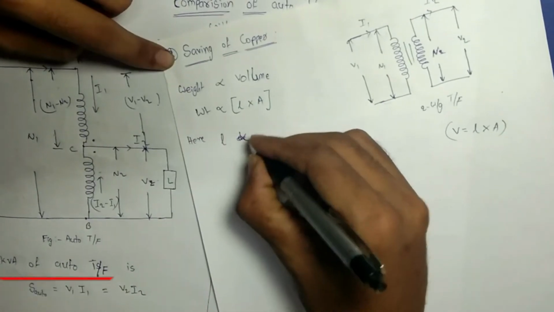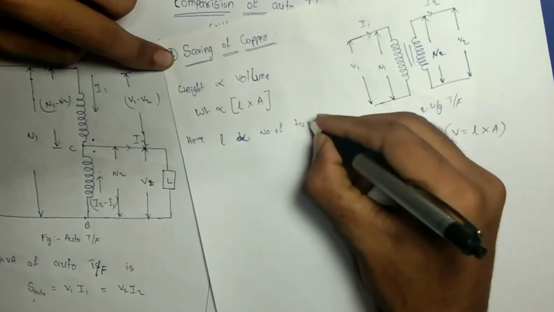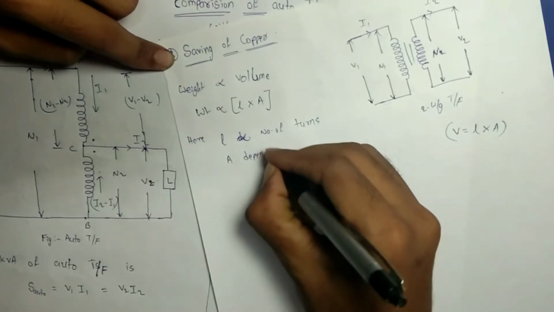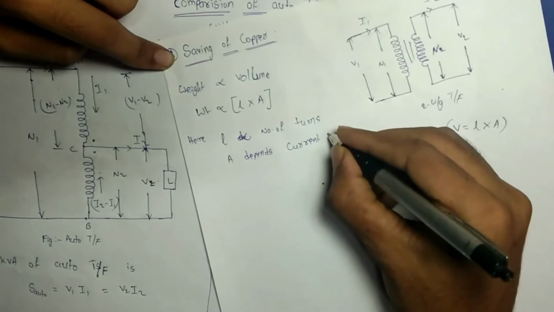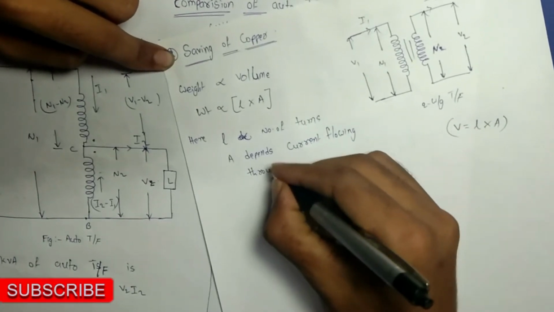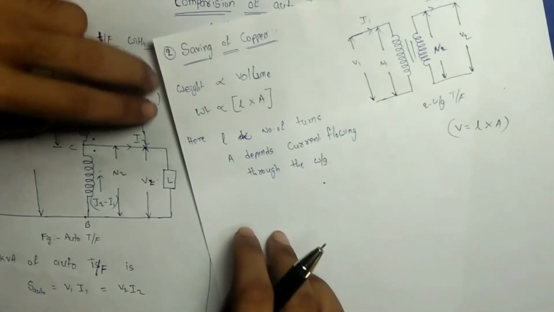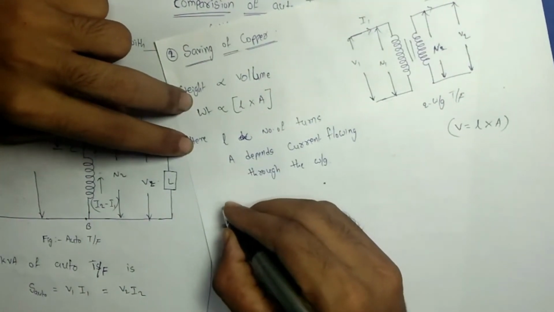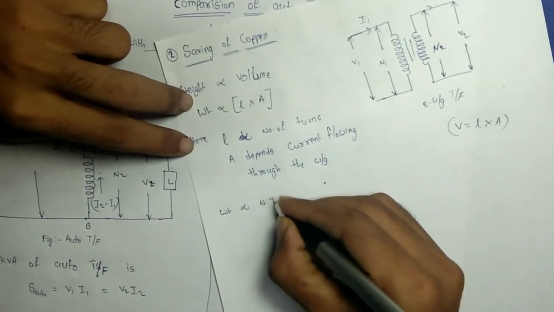Here length is directly proportional to number of turns and area depends on current flowing through the winding. Hence weight is directly proportional to product of turns and current.